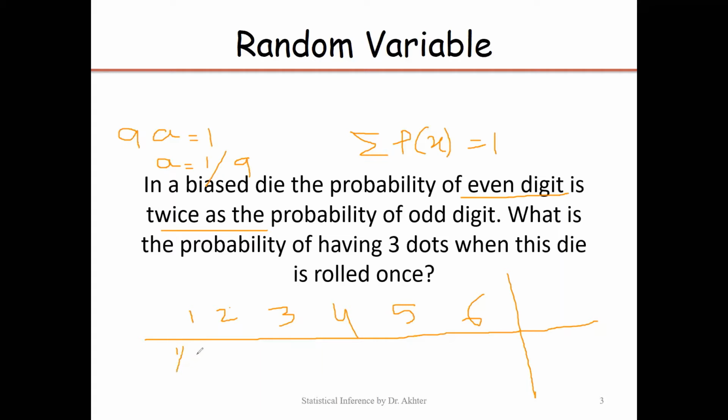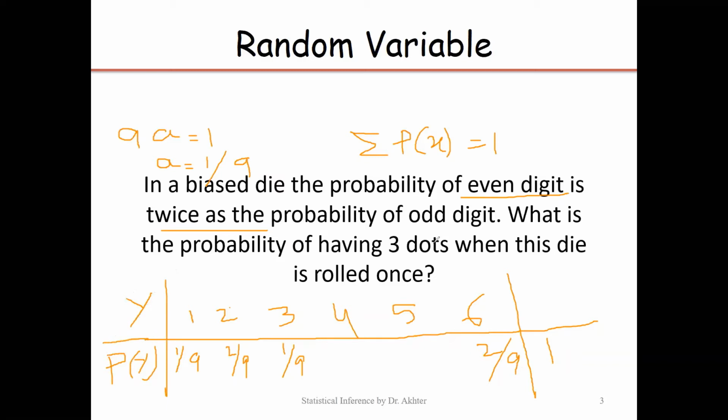It is 2 upon 9. 1 upon 9, and so on. It is 2 upon 9. Total becomes 9 upon 9. It is 1. This is your random variable. Suppose the random variable is represented by y, and the probabilities are represented by p(y). So this is your complete probability distribution.